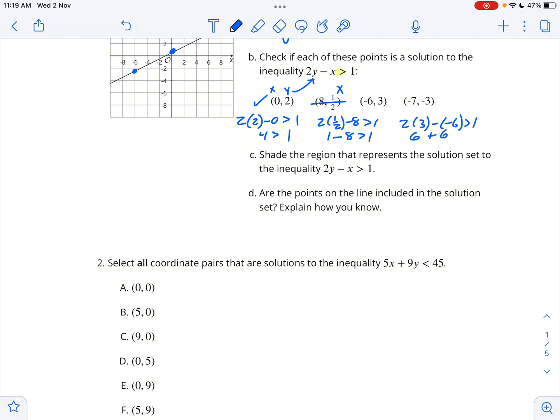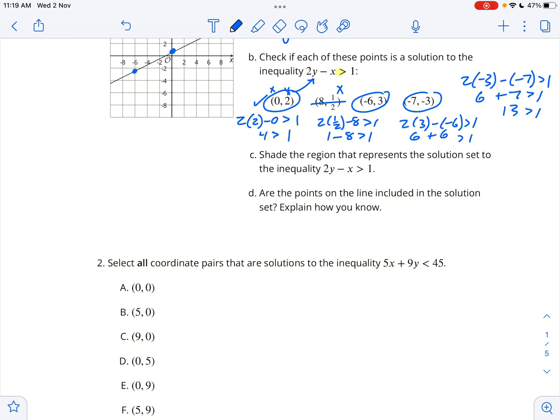That becomes 6 plus 6. It is greater than 1. And the last one, I'll do it up here, 2 times -3 minus -7. Is that greater than 1? 6 plus 7. It is greater than 1. So these three all seem to work, and that one in the middle doesn't.